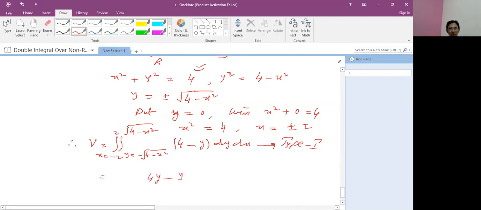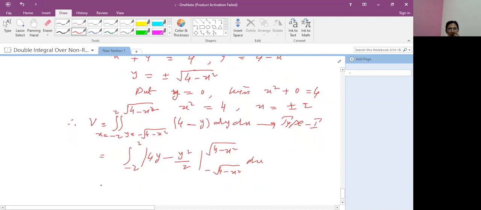4y minus y square upon 2, with the limit of y from minus the square root of 4 minus x square to the square root of 4 minus x square, into dx, and the limit of x is minus 2 to 2. So student, applying the upper limit and lower limit: 4 times the square root of 4 minus x square minus the square of the square root of 4 minus x square upon 2.